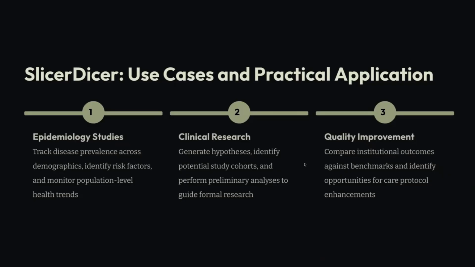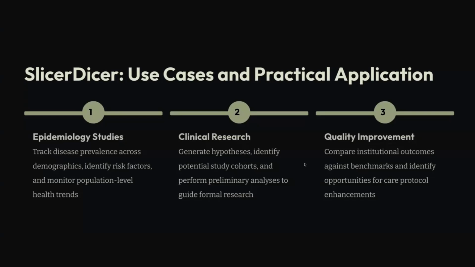Second, it can aid in clinical research, help you generate hypotheses, identify potential study cohorts, and perform preliminary analysis that can help guide formal research, for example within the DSVM if you wanted to do more advanced analysis. And then lastly, given that Cosmos has throughput data in its database, you can compare your institution across others nationwide.